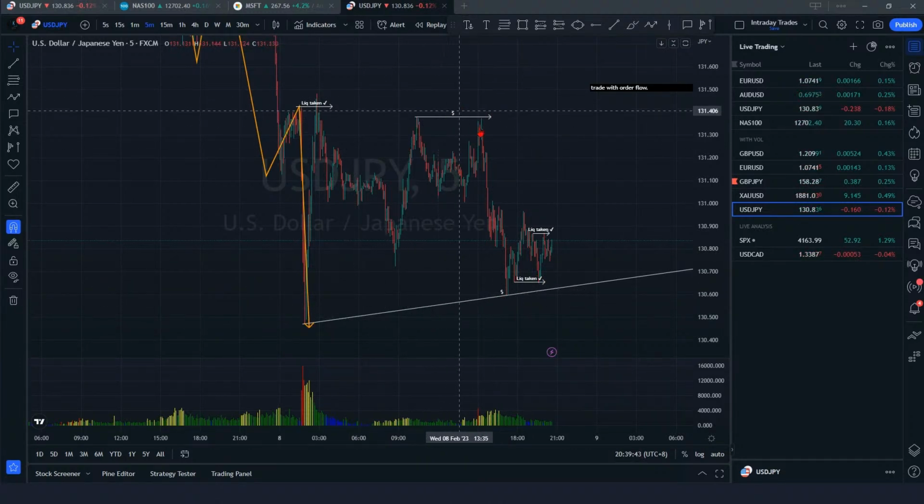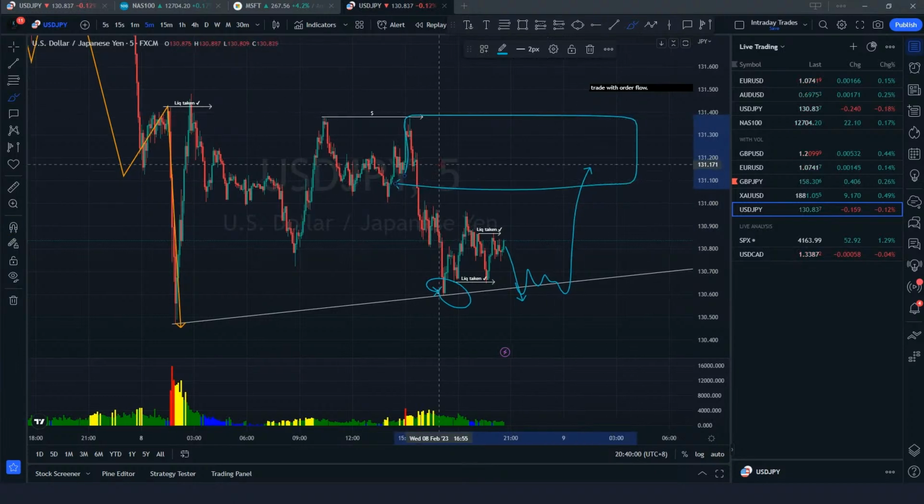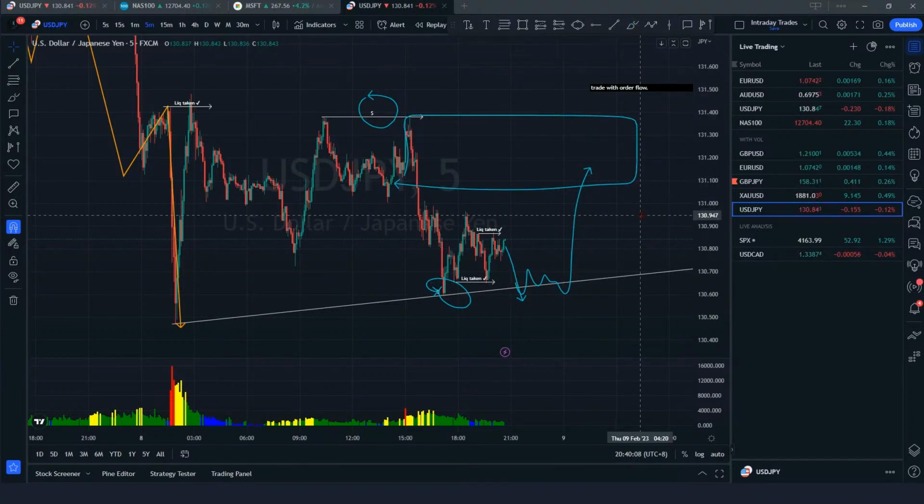Also, we have equal highs over here. So what I'm more inclined to is for price to take out this lows and wait for a confirmation for a long. So the first target should be this area and potentially to take out this equal highs. Yep, so that's my expectation.